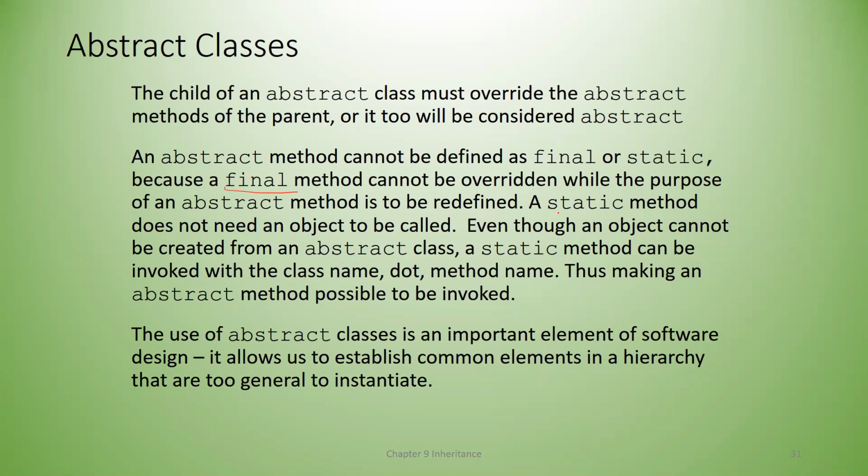It cannot be defined as static because a static method can be called through the class name, and if the class is abstract, then that method might not have been implemented. So you cannot make it static. Any questions, everybody?